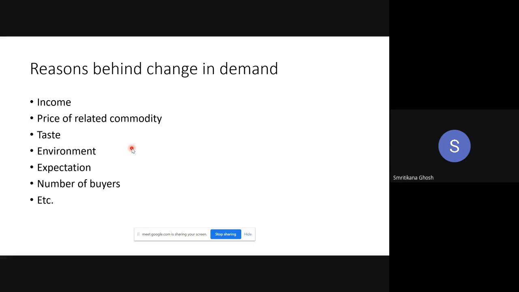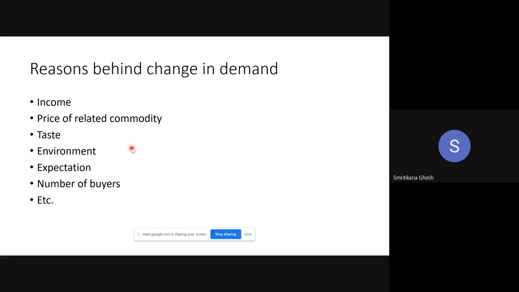They are actually complementary in that sense. If you want to drive your car, you need gasoline. So if you are using one commodity, you have to use another commodity. You have to use the combination of these two commodities. They are called complementary goods. Anything else? Any example of substitute goods?